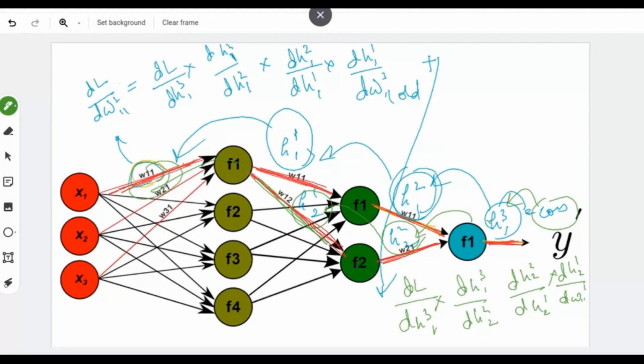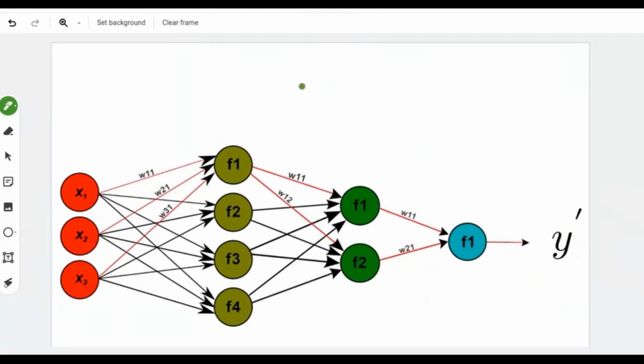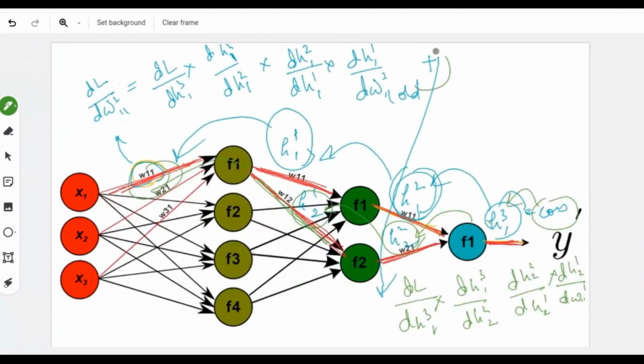Okay, so I know this is becoming very complicated, but here is as simple as it goes. So you move forward, and for moving backwards you just have to traverse in the path you just moved forward in. If there are more than one path leading to that weight, in that case you just have to add both the differentiation paths.